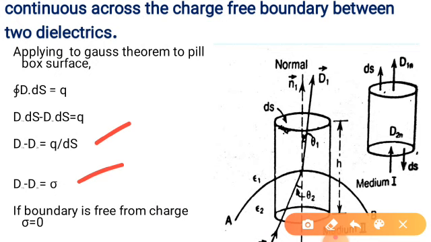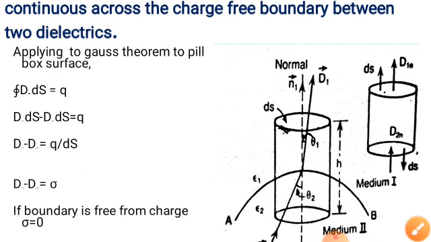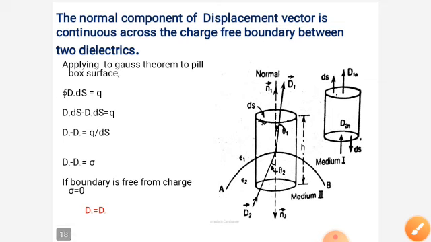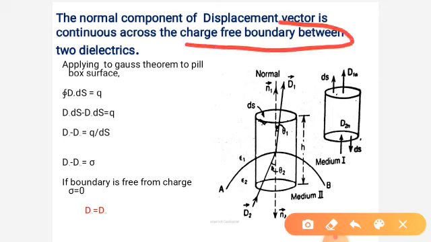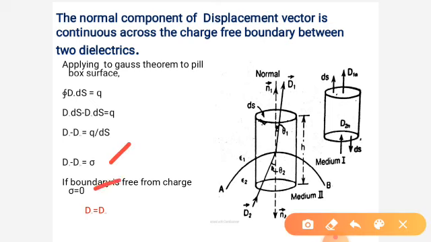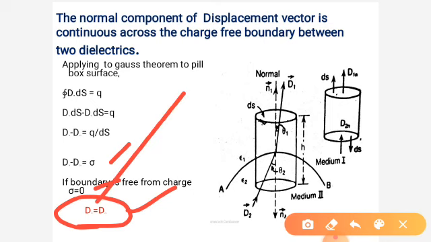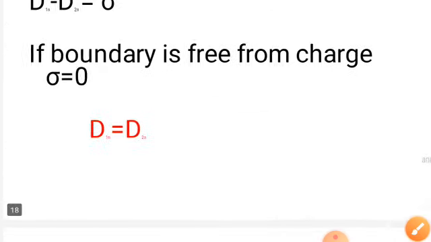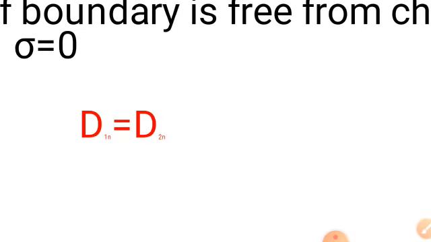Our definition here: continuous across charge-free boundary. So sigma equal to 0. When sigma is equal to 0, d1n equal to d2n. So the normal component of displacement vector is same, that is continuous at the charge-free boundary when sigma is equal to 0.